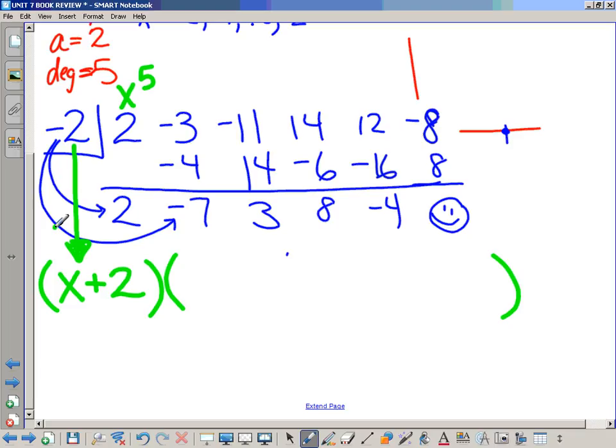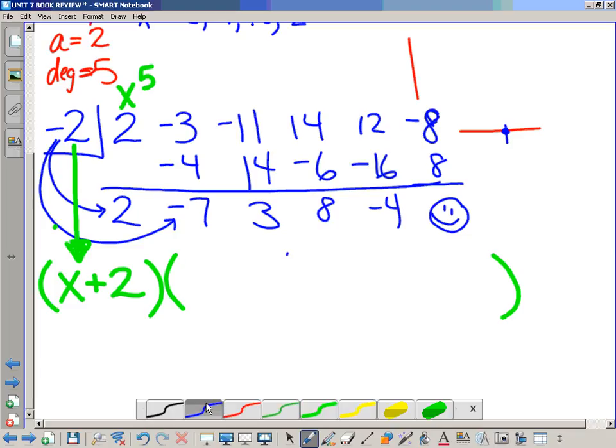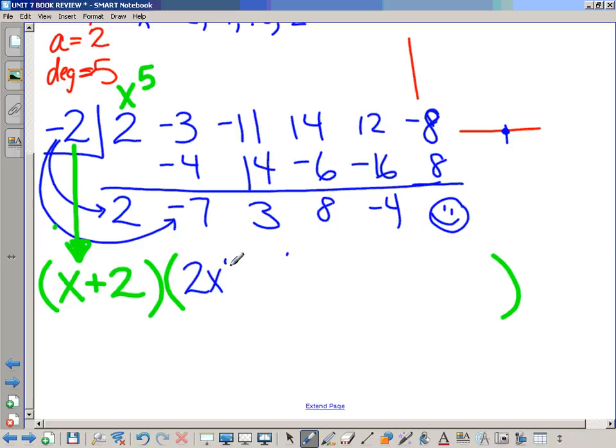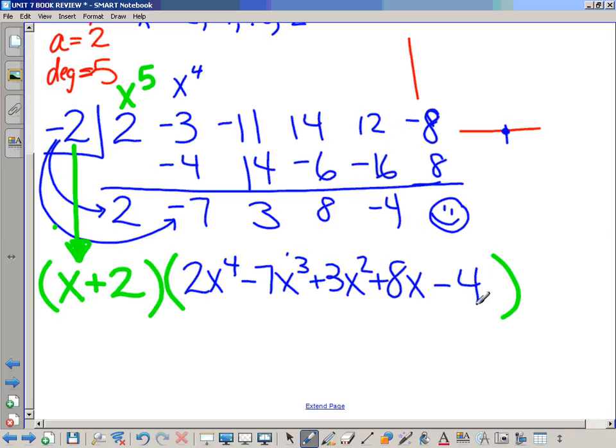Once you do synthetic division, it's now 2x to the 4th. This column was x to the 4th. Now it's negative 7x cubed. This is 3x squared. This is 8x and minus 4. So we have one factor and then this giant polynomial that we're still dealing with.